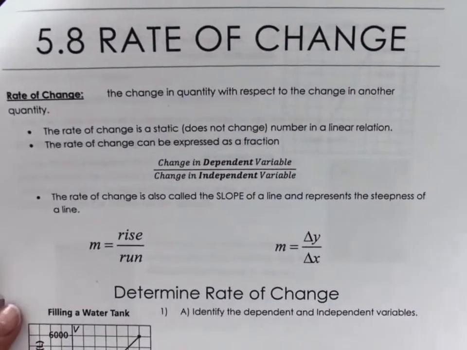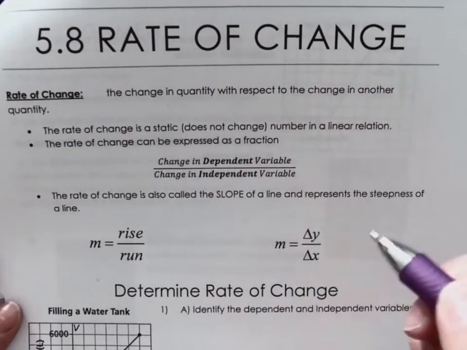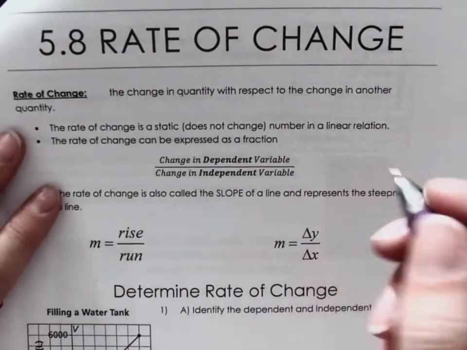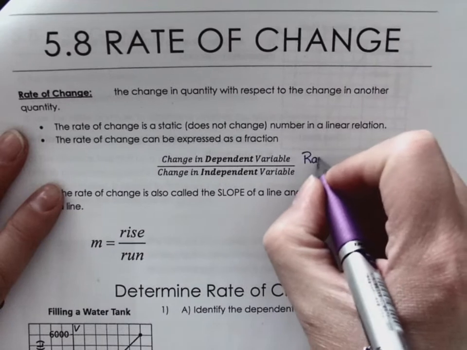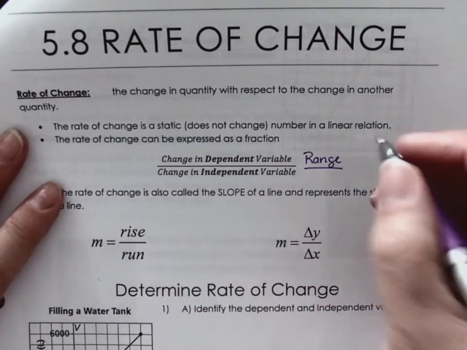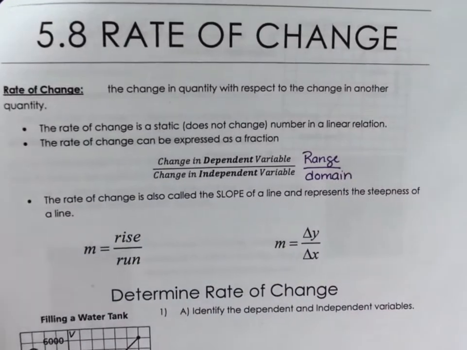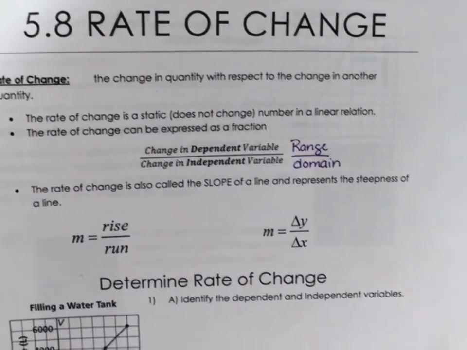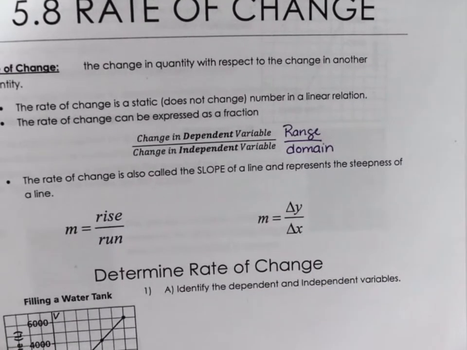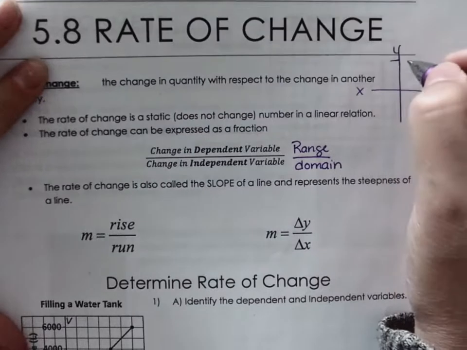So here's the deal, ladies and gentlemen. Dependent variable goes on top of the fraction. So this would be our range values. And our independent goes on the bottom. So those would be our domain values. We also know that on a coordinate plane, we have our x and we have a y.